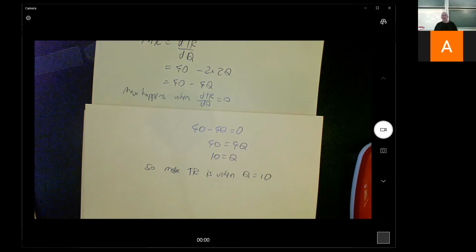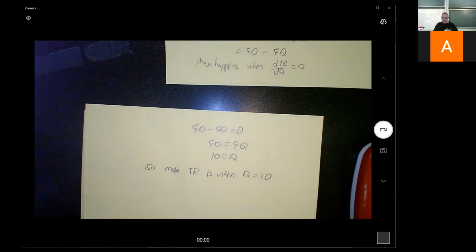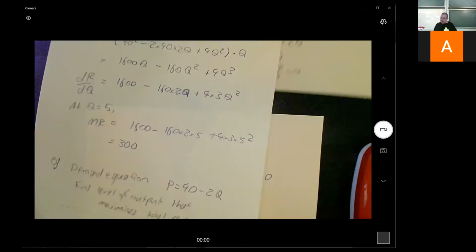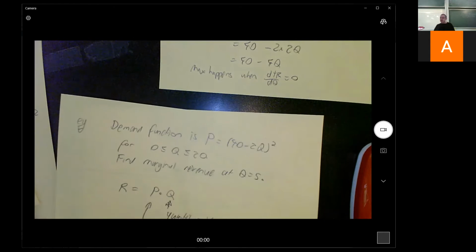Okay. So the reason I did the derivative one is that it would work even if it wasn't a quadratic function. So if we had back here this demand function and asked when is the maximum of the revenue, then we would have to use derivatives for that.